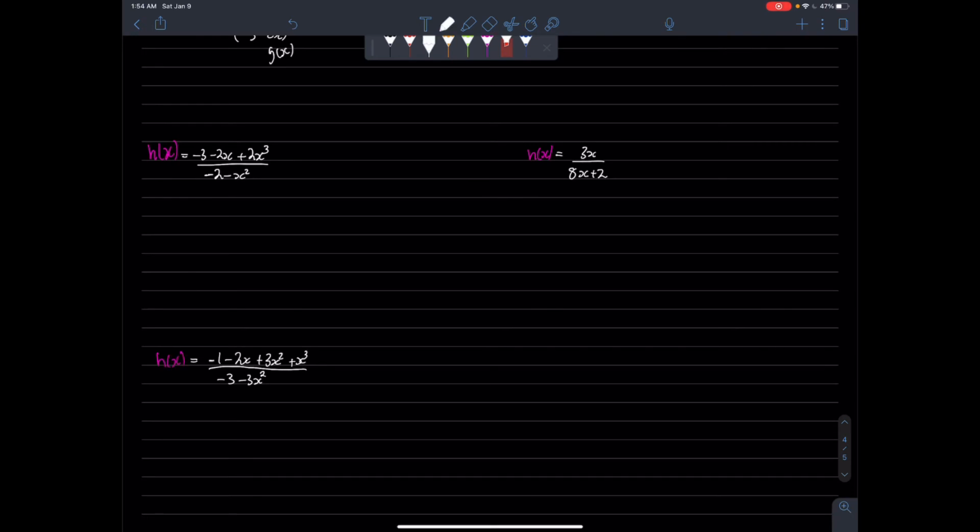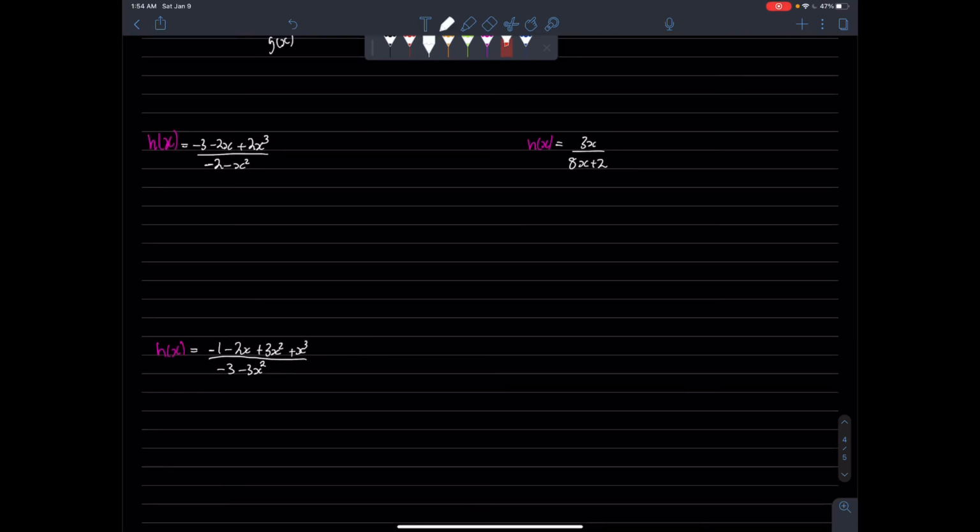Let's do this. Okay. Now let's do this. h prime of x. We're going to say this is f of x. This is g of x, right? Derivative of f of x. Negative 3 is 0. Negative 2x. Negative 2. Derivative of 2x cubed plus 6x squared, right?